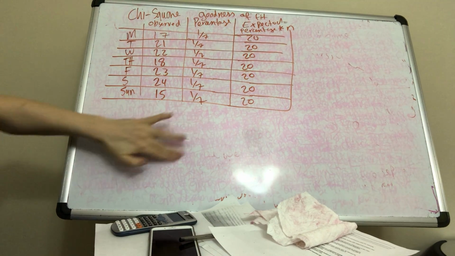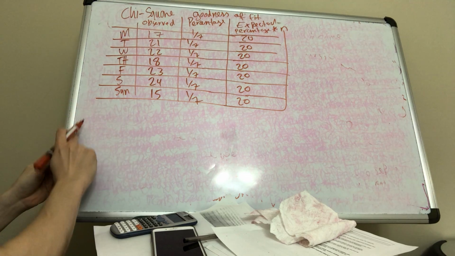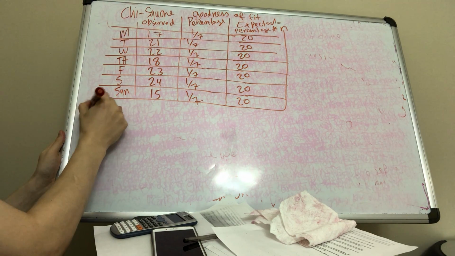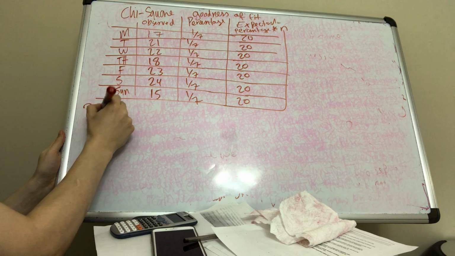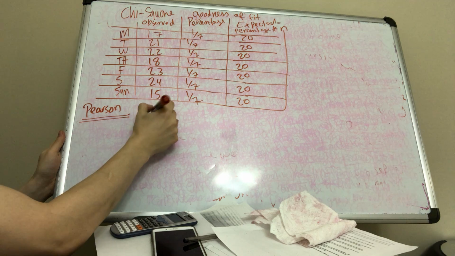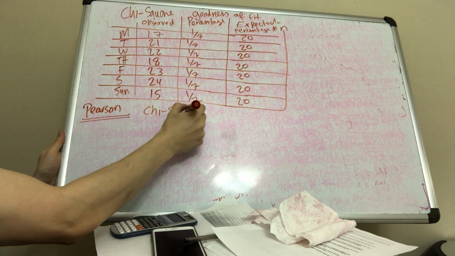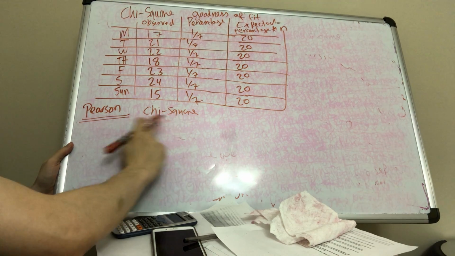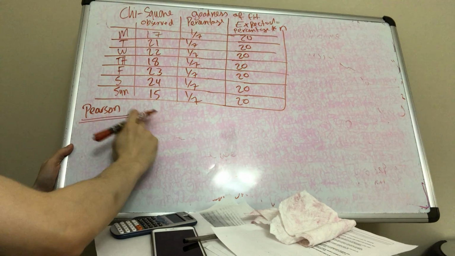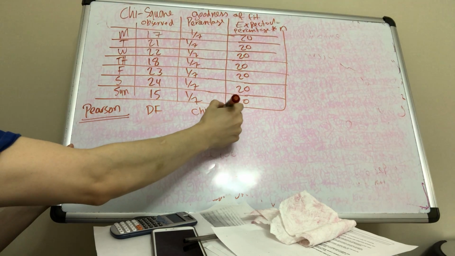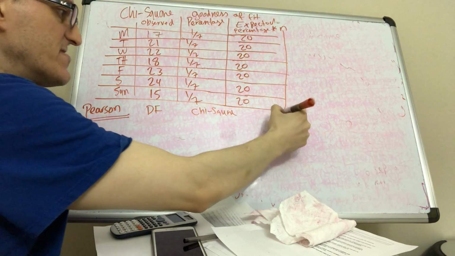And the Minitab, if they provide Minitab, that's similar to the last assignment you guys did, you have a line called Pearson. You would have a chi-square value. You would have a degree of freedom. So maybe the degree of freedom would be first, and the chi-square, and then a p-value.